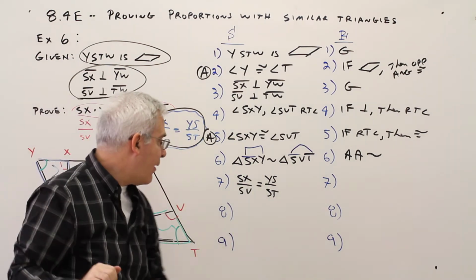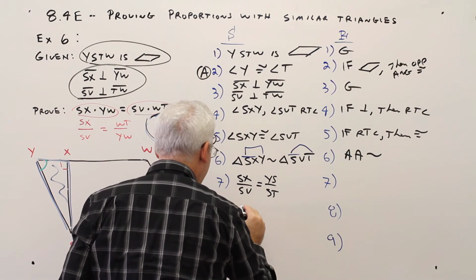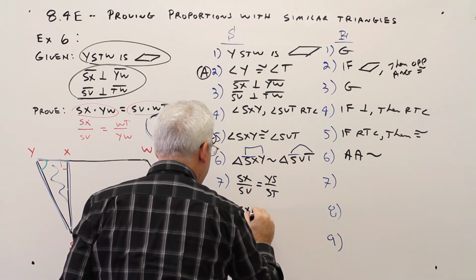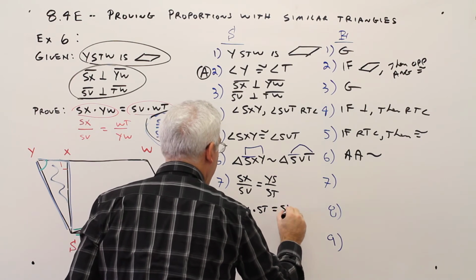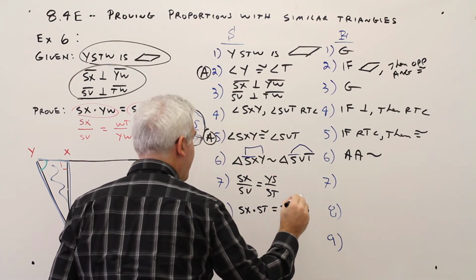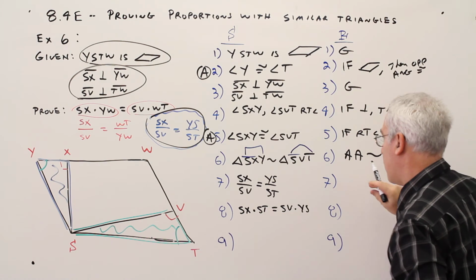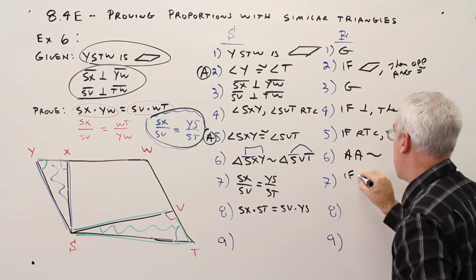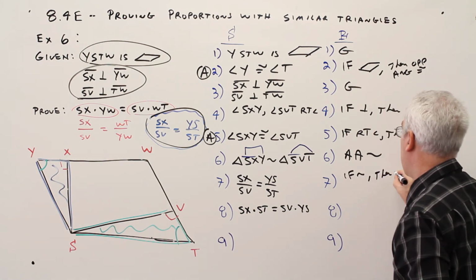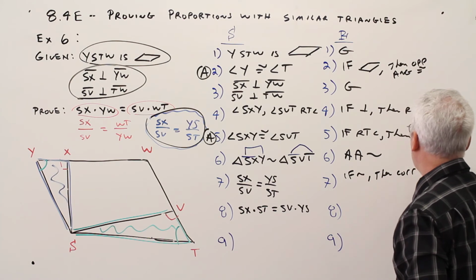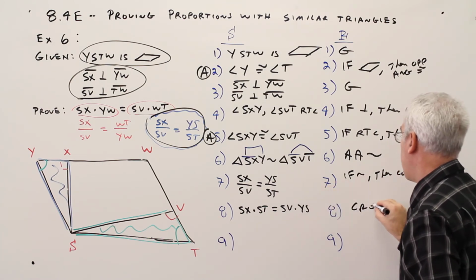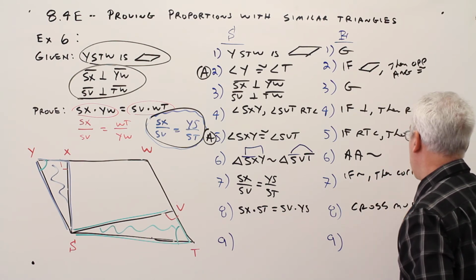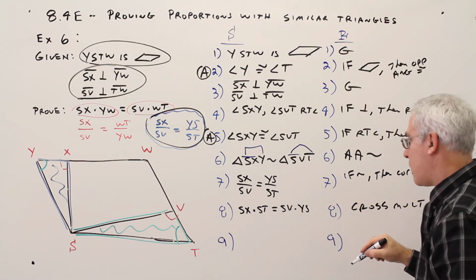Then I'll cross multiply. So then I'll get SX times ST equals SV times YS. I better put the reason over here. If similar, then corresponding sides proportional. This was cross multiply. You need one more step, sorry about that.